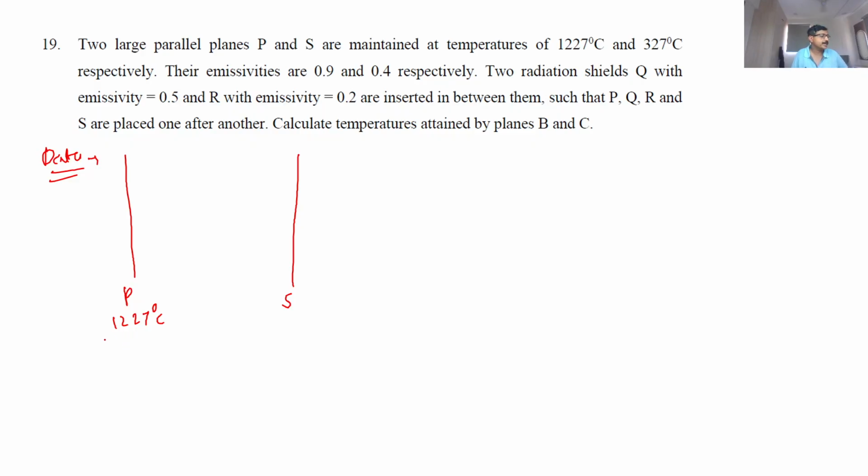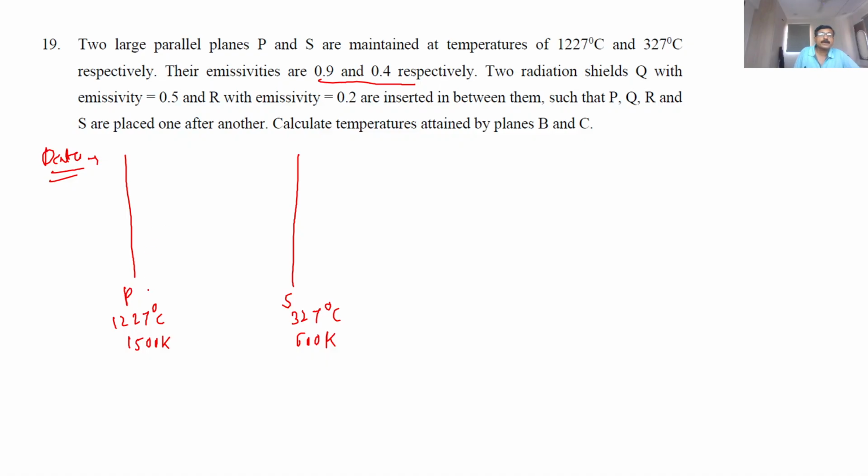Better to convert directly into Kelvin. Okay, I have done it for you. It is 1500 Kelvin. And then 327 degrees Celsius, converted to Kelvin, comes as 600 Kelvin. Because in radiation we require Kelvin values, Celsius is not allowed. Their emissivities are 0.9 and 0.4.